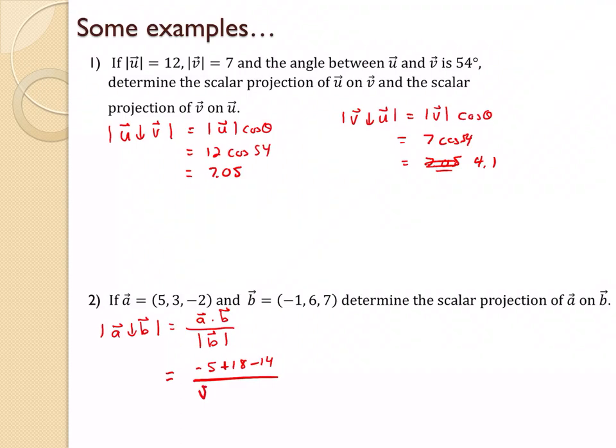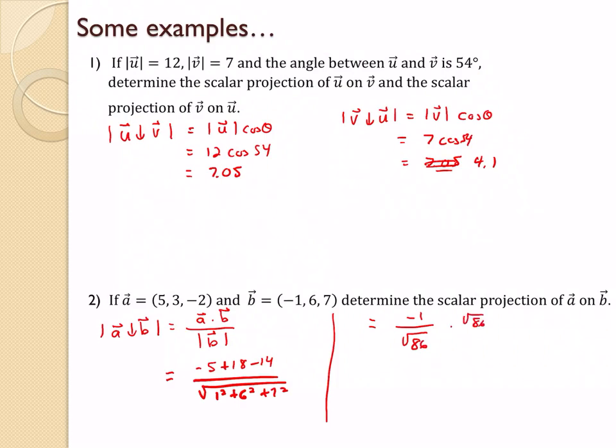And then A dotted with B, let's see, negative 5 plus 18 minus 14 over the square root of 1 squared plus 6 squared plus 7 squared. So that top I get negative 1. And the bottom I get 36, 75, 86.